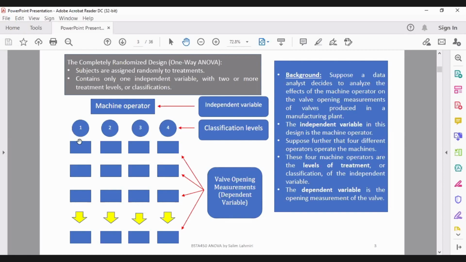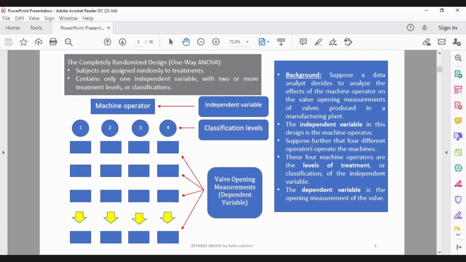So let's suppose data analysts decide to analyze the effects of a machine operator on the valve opening measurements of valves produced in manufacturing plants. So the independent variable in this design is the machine operator.